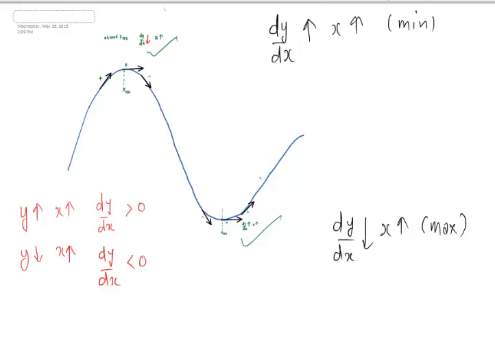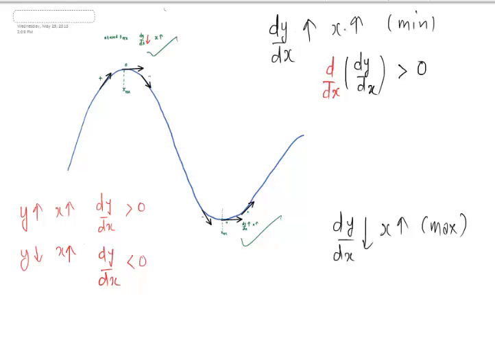So what happens when dy by dx increases with x? Then the derivative of dy by dx, so this is your y now, must be greater than 0.